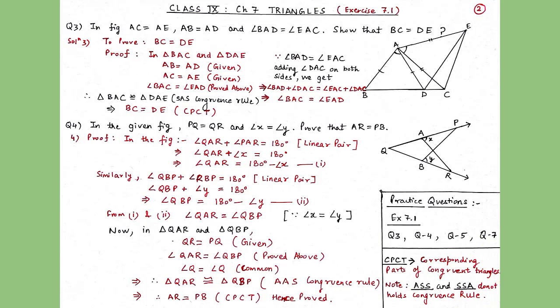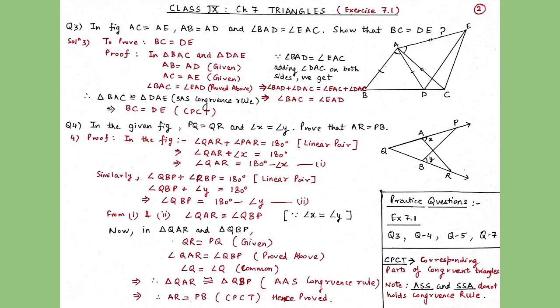And now watch and listen very carefully, students. Since angle BAD is equal to angle EAC in our question, when we add angle DAC on both sides, we get angle BAD plus angle DAC is equal to angle EAC plus angle DAC. From here, on the LHS, angle BAD plus angle DAC is equal to angle BAC, and angle EAC plus angle DAC is equal to angle EAD.